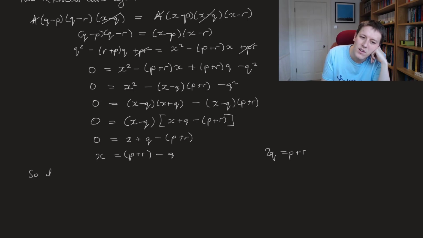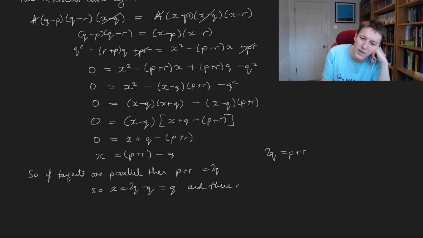Okay, so if the tangents are parallel, then p plus r here is 2q. Right, so we get x equals 2q minus q equals q, and there are no other intersections.